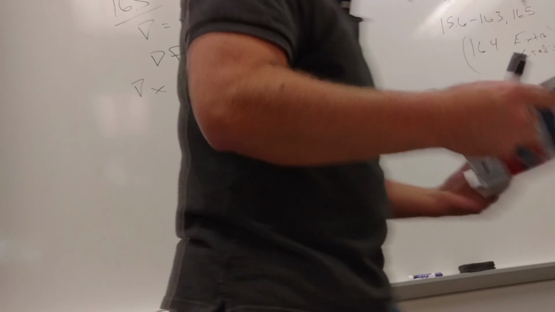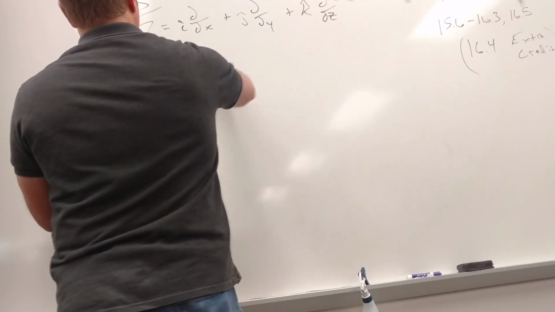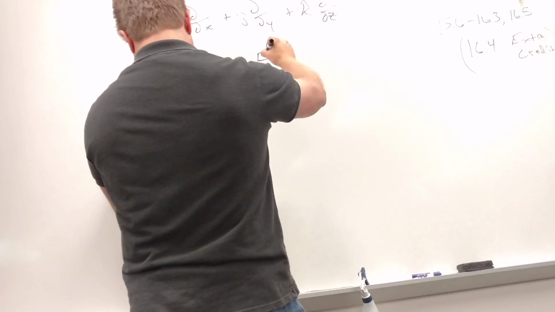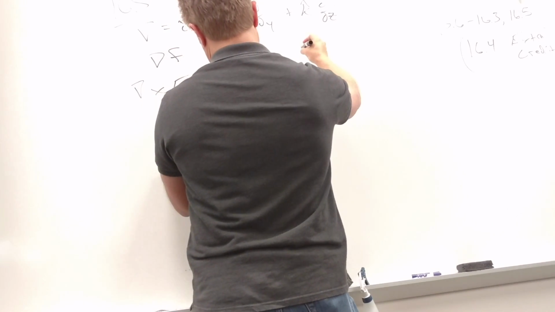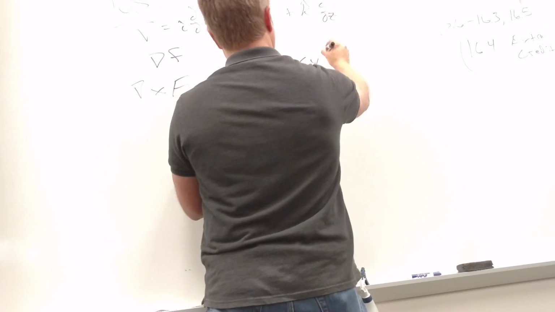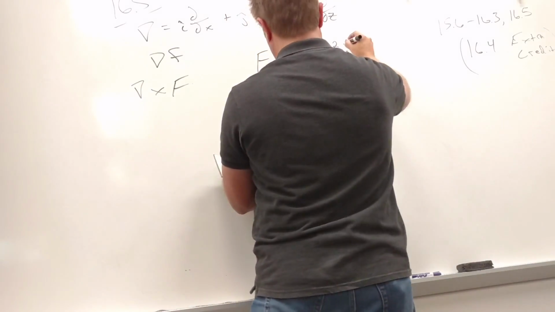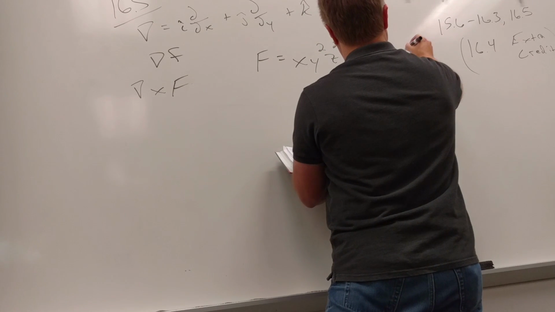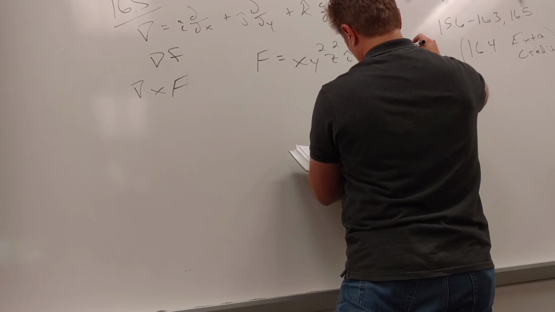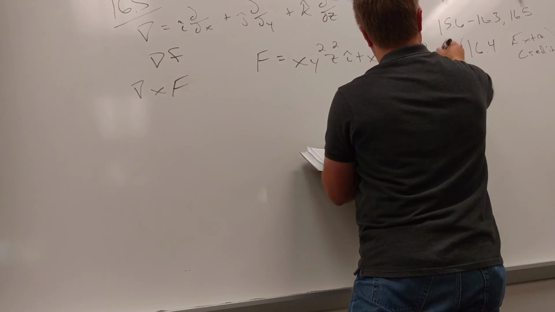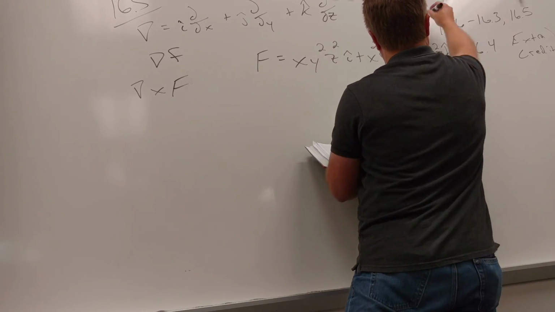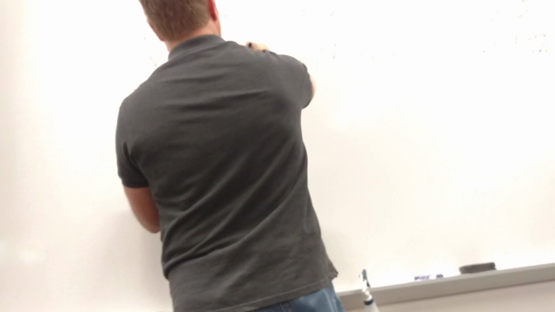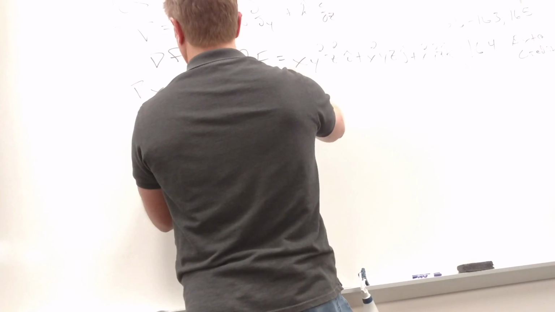Yeah, okay. Let me make this a big old F. Bam. So let's say, given this, this is number 1, by the way, 16.5. Find the curl.